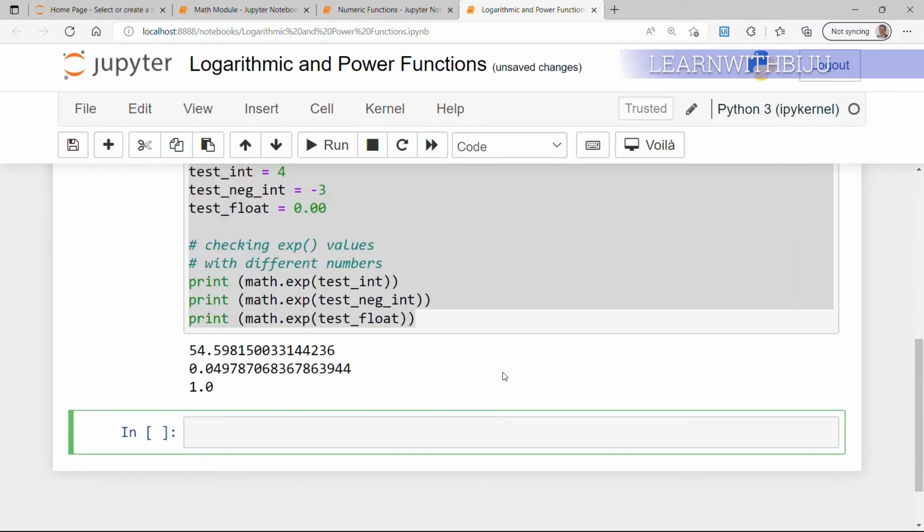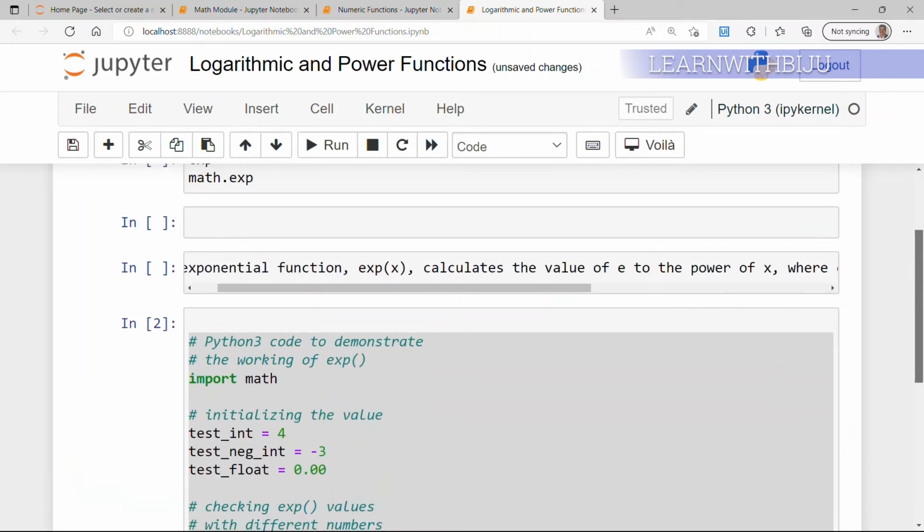So we got the exponential of 4 as 54.5981500331442236, and we have the exponential of minus 3 as 0.049787068368367863944, and we have the exponential of 0, that is 1.